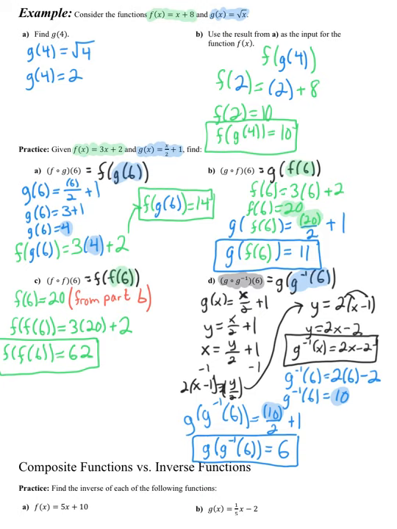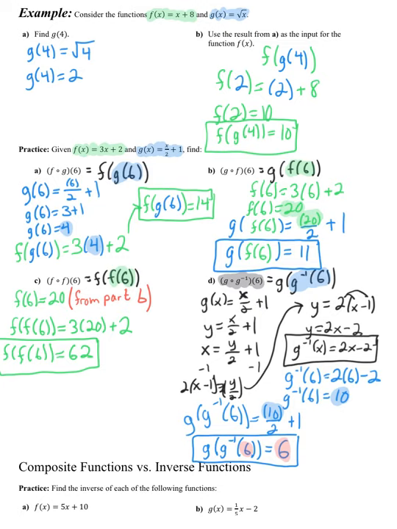One thing you'll notice that we're going to talk about a little bit today, I'm going to use a red highlighter here. The input that we started with should be the same as the output we finish with, if we're composing the function with its inverse correctly.